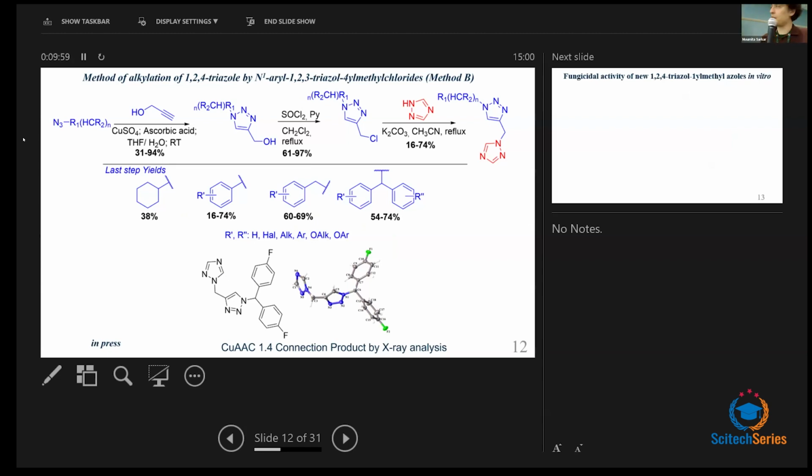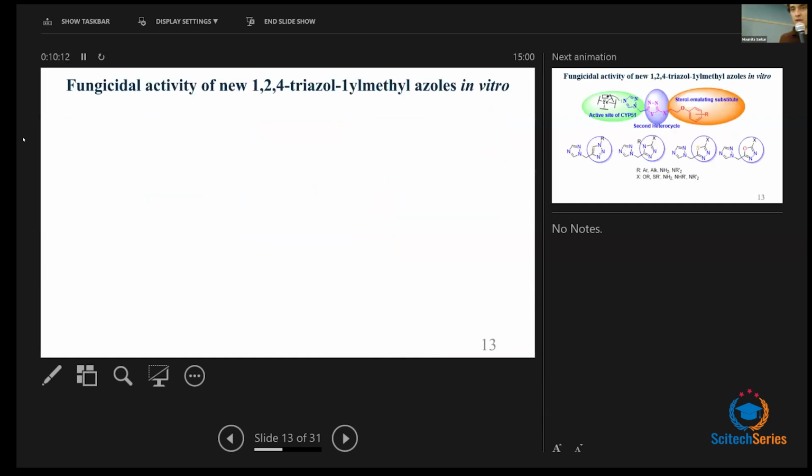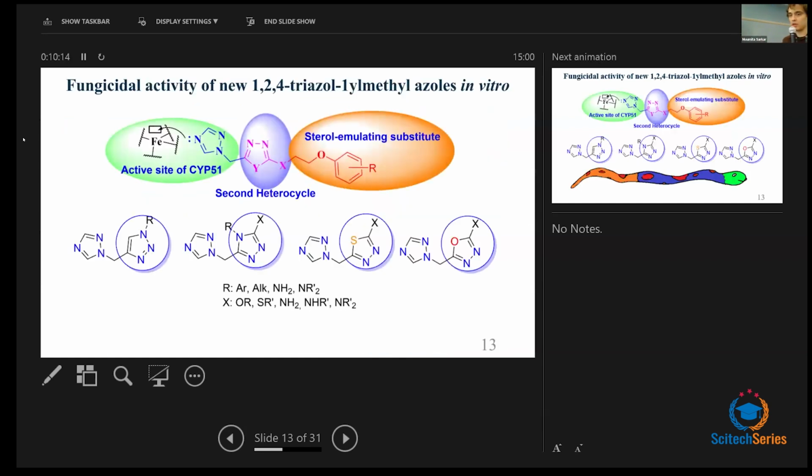Then we create some alkyl and at the last stage we alkylate 1,2,4-triazole. We work on this field because we can test our compounds in vitro and some in vivo.